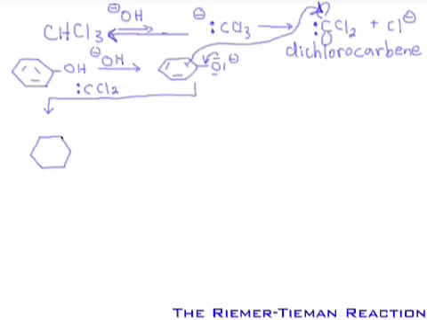We'll have an H, we'll make a bond to CCl2. It'll have a lone pair and a negative charge. We'll have a double bond to O here. And we will have temporarily disrupted aromaticity.